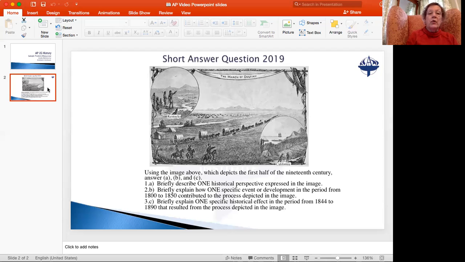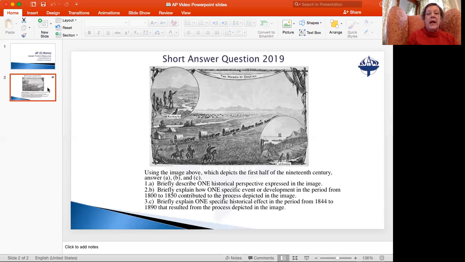So you could also choose something from what is referred to as the antebellum period, which is before the Civil War, and that the acquisition of land by the United States caused slavery to become an even more significant issue than it had been previously, as the Congress argued whether a new state would be a slave state or a free state, which was tied to the idea of representatives and senators in the Congress.